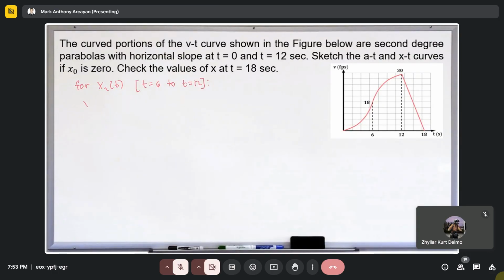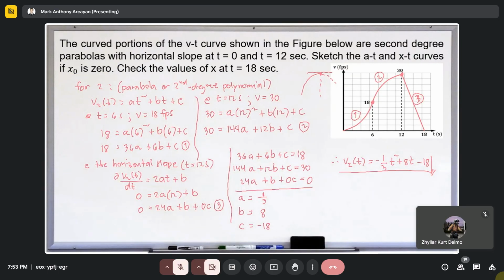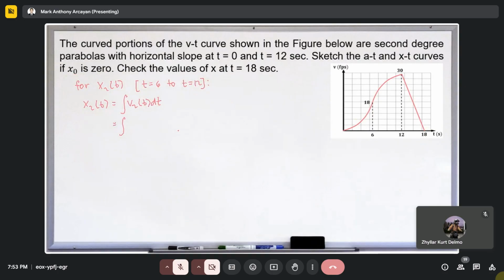Here we integrate x sub 2 of t equals the integral of v sub 2 of t dt. Going back to the previous slide, that's negative 1/3 t squared plus 8t minus 18, dt.